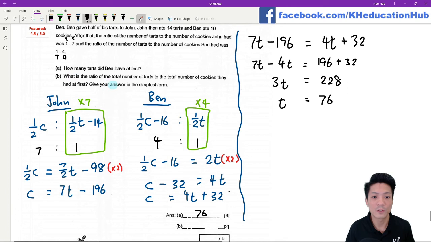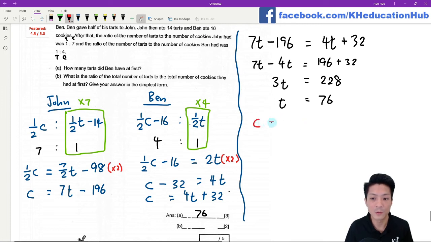Part B, what is the ratio of the total number of tarts to the total number of cookies they had at first? Give your answer in the simplest form, which means that I need to find the total number of cookies at first. Since I know that tarts is 76, I can replace it into any one of the equations earlier on.